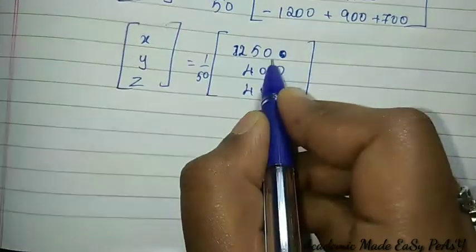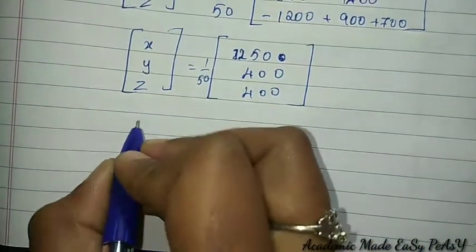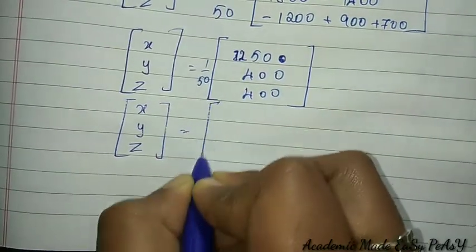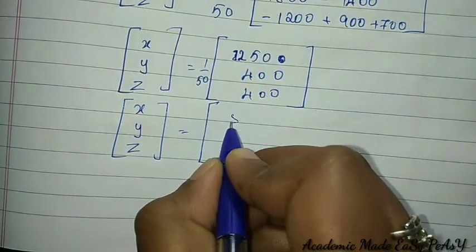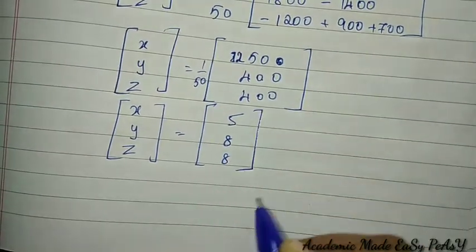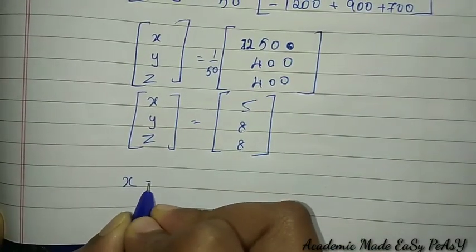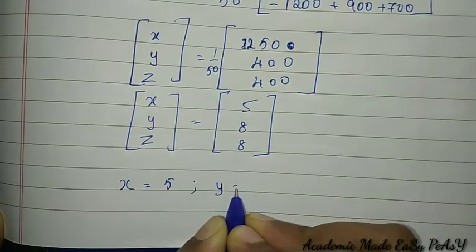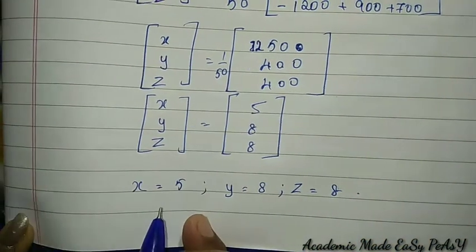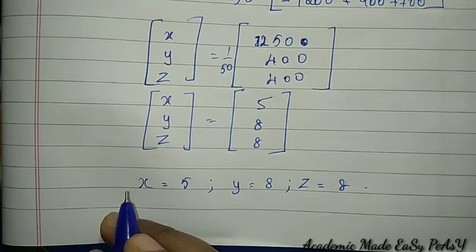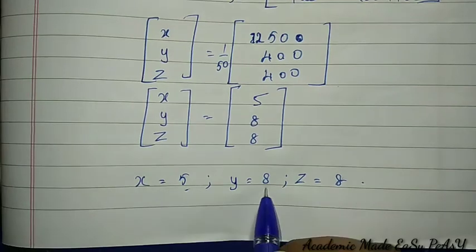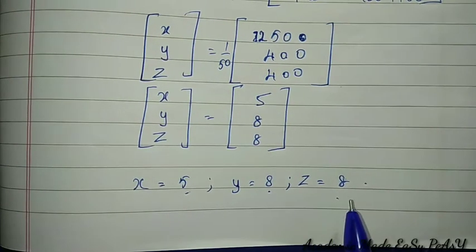I will be taking this 50 inside. So I will have x, y, z is equal to, zeros will get cancelled, so 5, and here it is 8, here also 8. So x is equal to 5, y is equal to 8, and z is equal to 8. So therefore cost of onion per kg is 5, cost of wheat per kg is 8, and cost of rice per kg is 8.